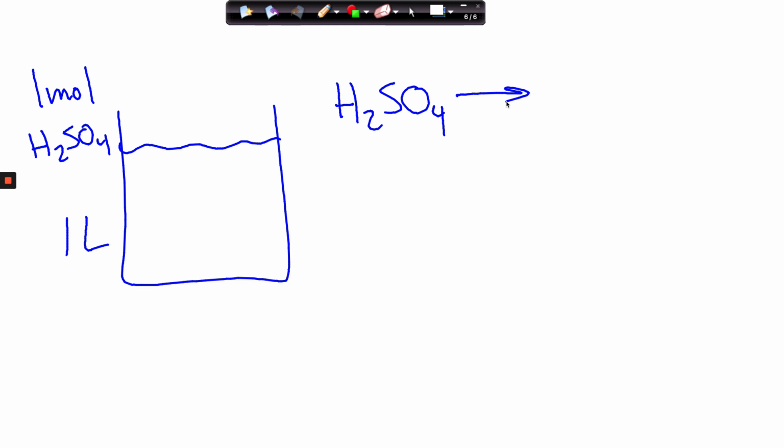If H2SO4 is a strong acid, what does it do? So what do acids do? Well, they give away hydrogens. So H2SO4 gives away a hydrogen, so we end up with protons, and we end up with bisulfate ion.